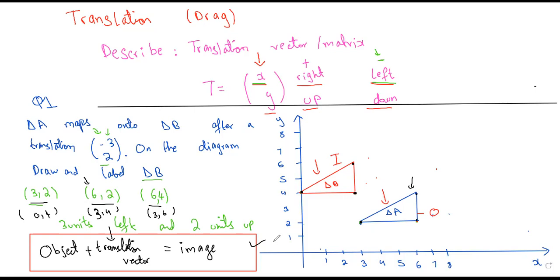And I just shared the method with you, what to do with the coordinates to get the image. And in case of translation, the red square is basically your go-to thing. You would have the coordinates of the object, you need to add the translation vector, and that would give you the image. So this is going to help you in every question of translation, right?